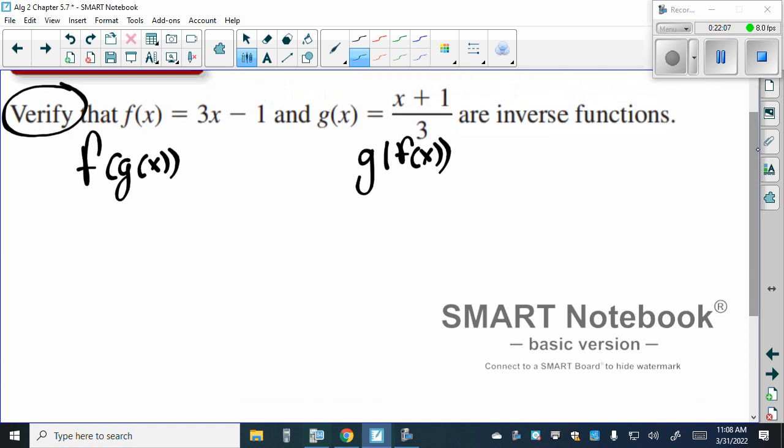Now, if we look at the first one, f of g of x, well, the function g of x in our case is x plus 1 divided by 3. So we'll replace g of x with x plus 1 divided by 3.